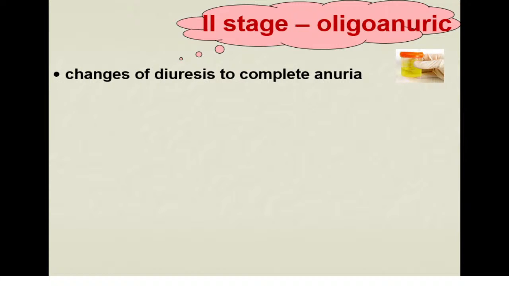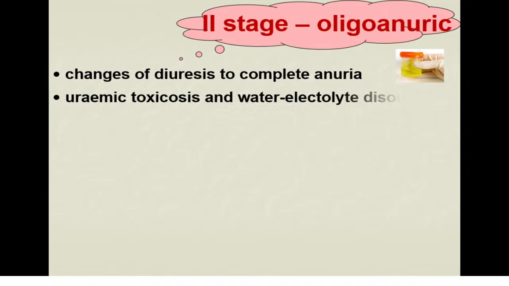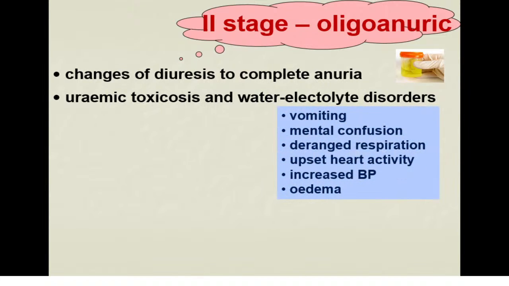If no urination, all toxic substances will be held inside the body and clinical manifestation will be with progressive intoxication and water electrolyte disorders, because it's also controlled by urination. How can you know about intoxication?